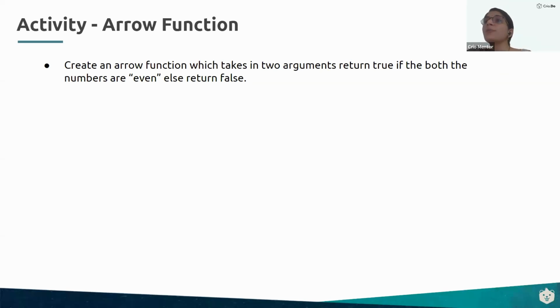If I give 2, 5, output should be false because one of them is odd. Now you already know how to check for even and odd. A number when divided by 2 leaving remainder 0 we call an even number. Start creating this function. Once done, drop a done for me to see. The arrow function which will have two arguments needs to return true if both of them are even.